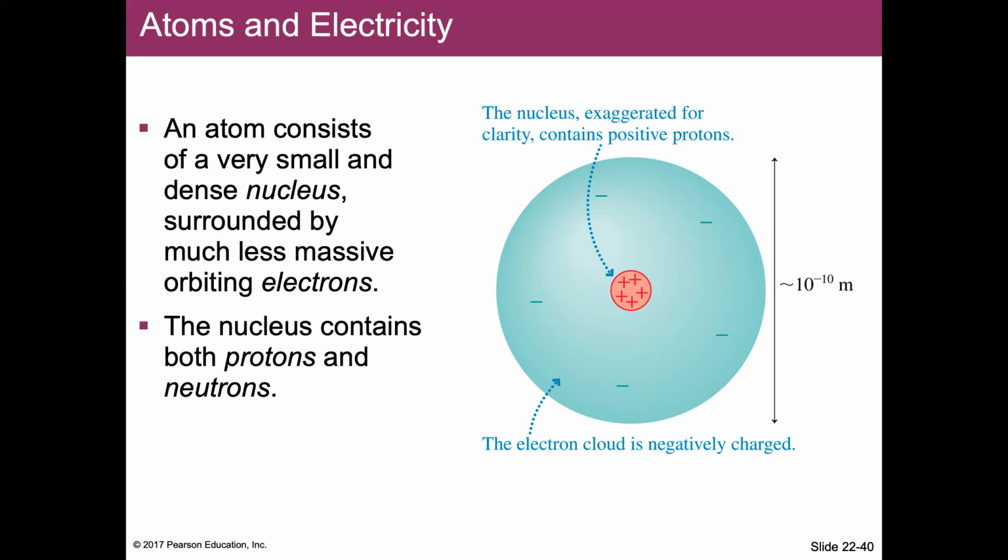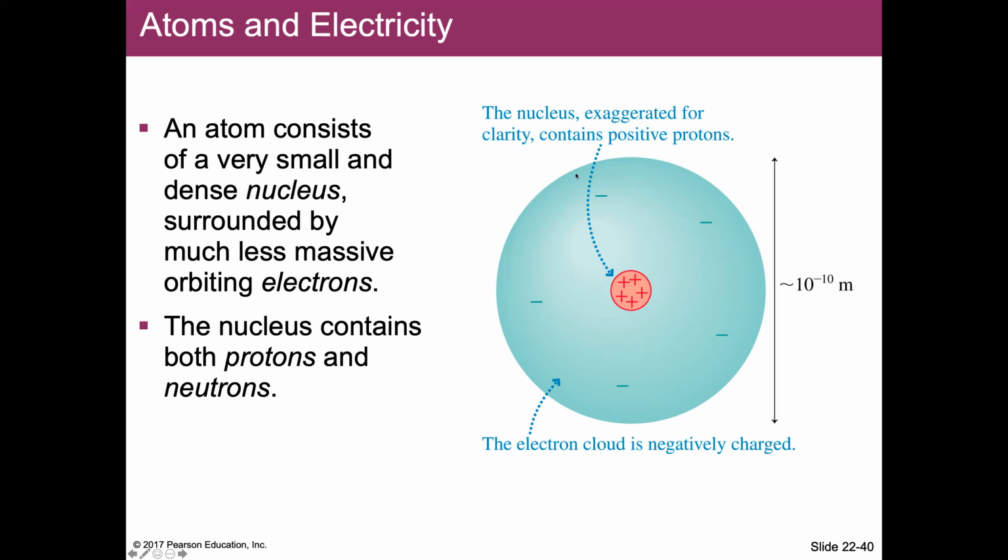An atom consists of a very small and dense nucleus, which is shown in red here, surrounded by much less massive orbiting electrons. Those green areas represent the electrons. The electron is very movable, so it's very flexible. It's moving around the nucleus. So sometimes we call it an electron cloud because it's always moving.